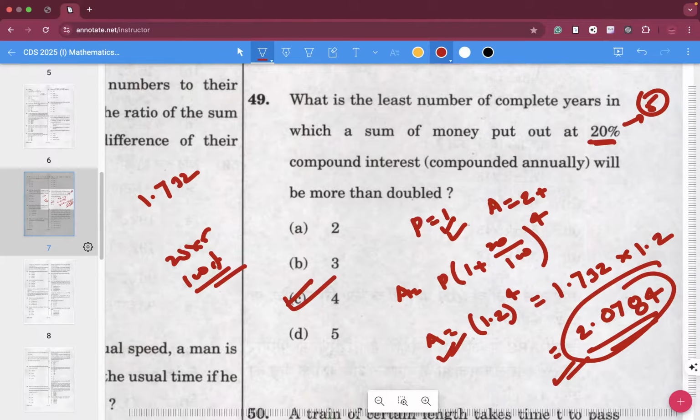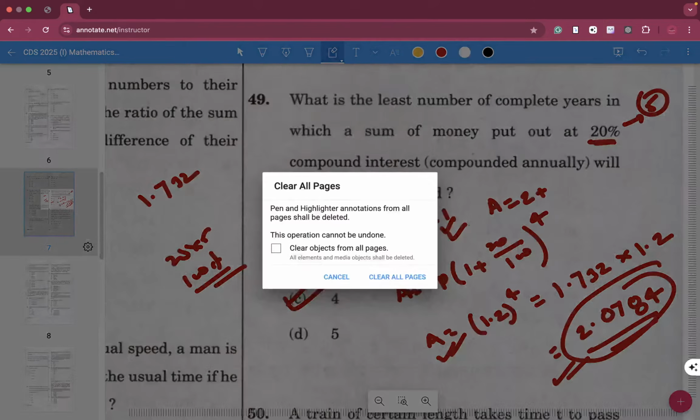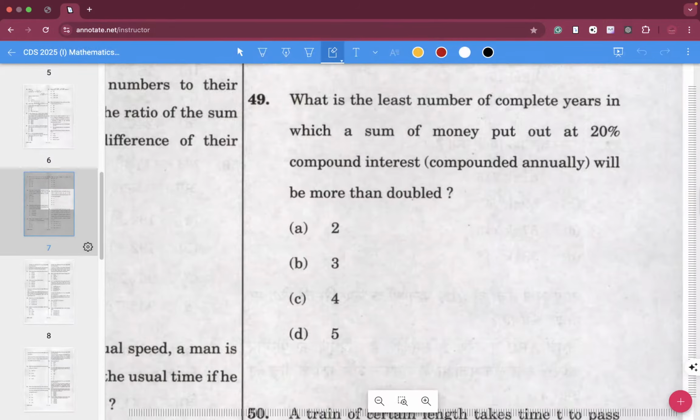I've taught you the concept of multiplying factor. In compound interest, for cube roots, this is simply 1.2 raised to the power 3. It's as simple as that, right?